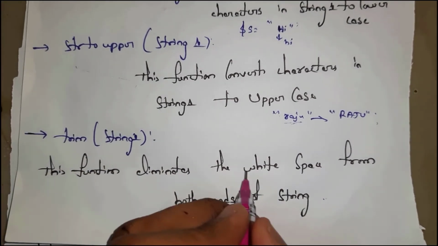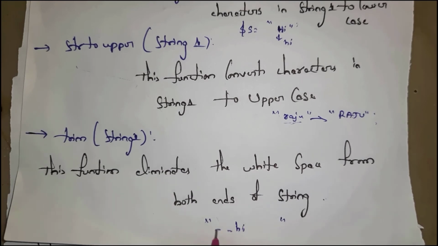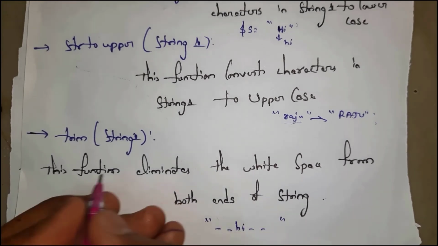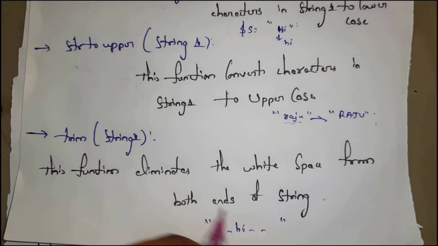This function eliminates the white spaces from both ends of the string. See, for example, if there is a space around the string, that is white space, by using trim of string 1 this function eliminates the white space, like this.